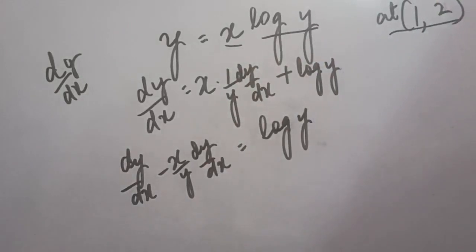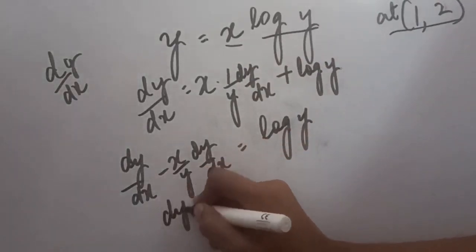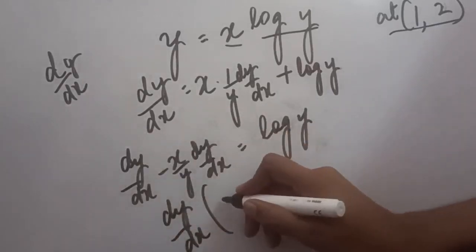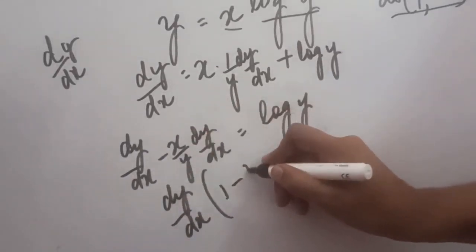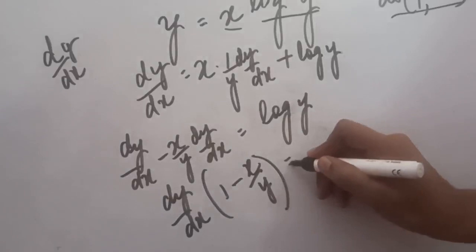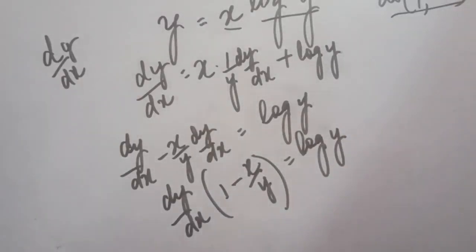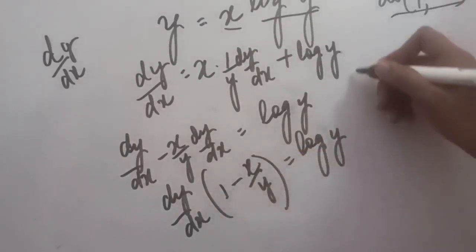Correct? So here if we take dy upon dx common, in the bracket we will get 1 from the first minus in the second x upon y is equals to log y. So now we can just take the LCM over here.